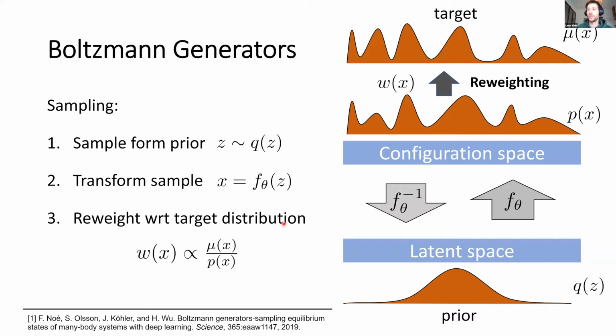And importantly, we also know the probability of the samples we generate with the Boltzmann generator because we use an invertible transformation here. Then we can compute for each sample the reweighting weights and obtain unbiased samples from the target Boltzmann distribution. The reweighting will be more efficient the closer the output distribution of the Boltzmann generator is to the target.